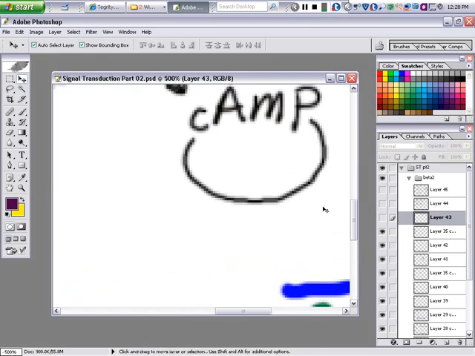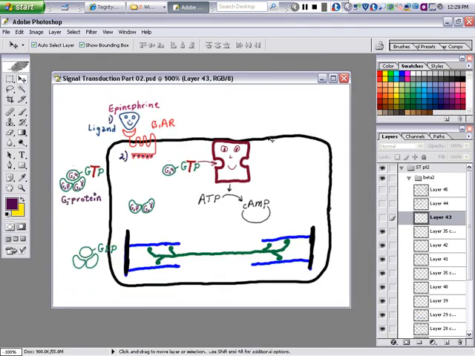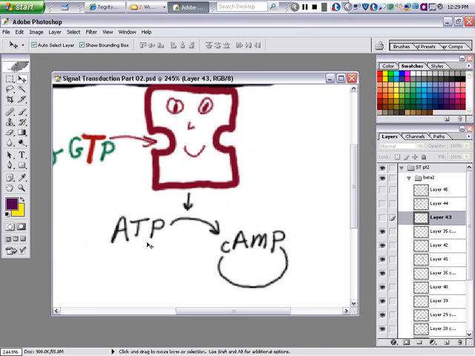The protein that's activated by G stimulatory alpha converts ATP into cyclic AMP.